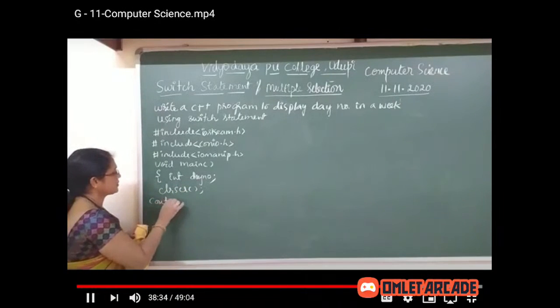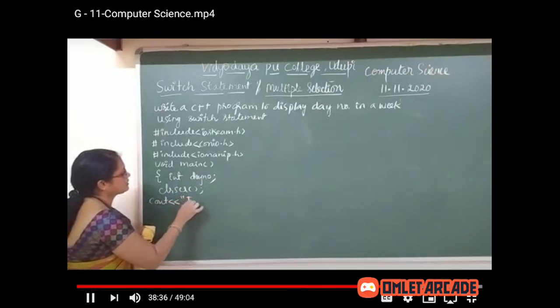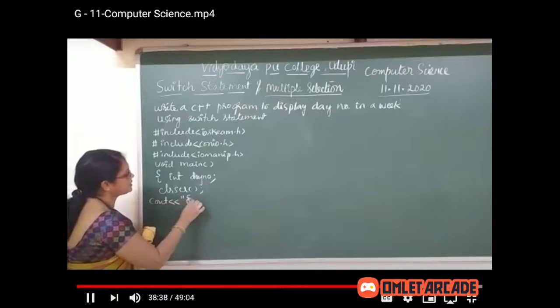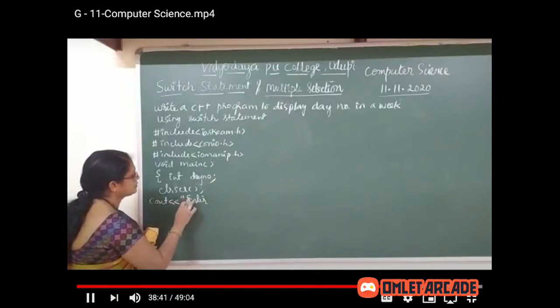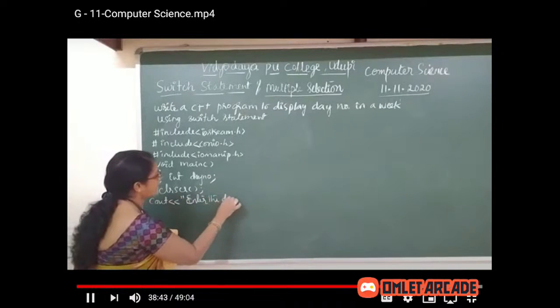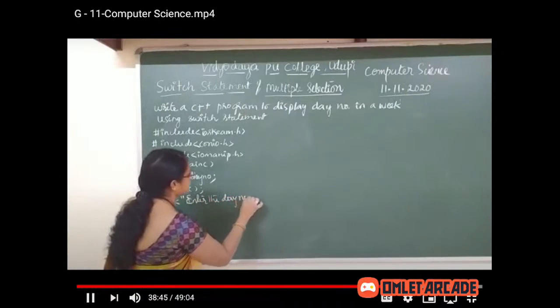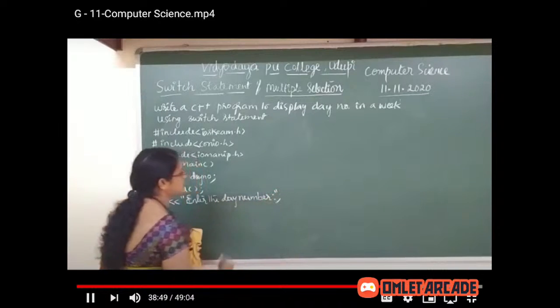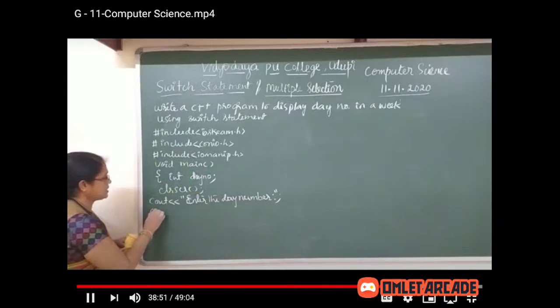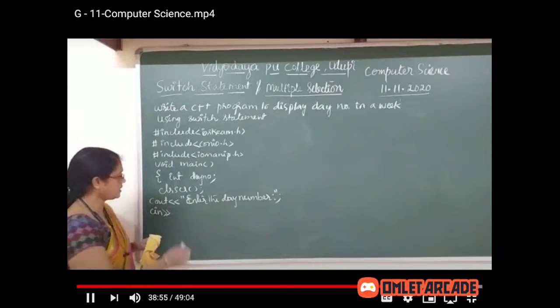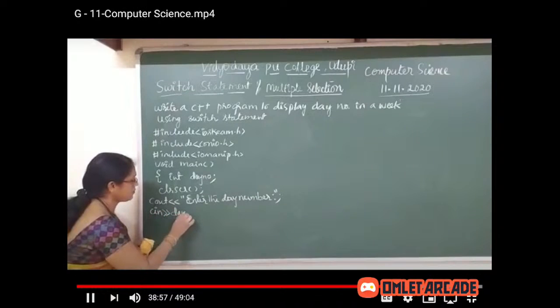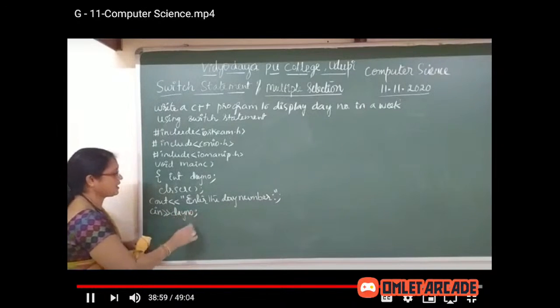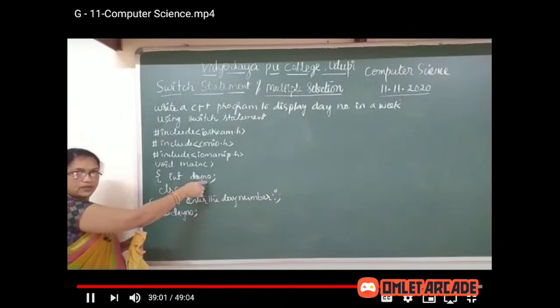Next, cout: Enter the day number. Cin: now what you have to enter? The day number, so dayno, whatever variable is given by you.